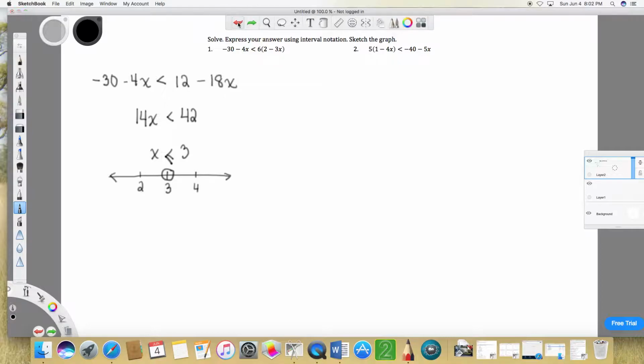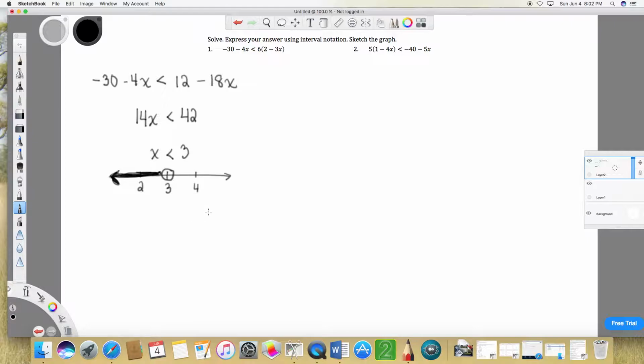But it's not. It's a strict inequality. It's strictly less than. The arrow always points towards the smaller number. X is less than 3. That means that I'm going to shade to the left of 3. And so here's a picture, a graph of my solution set.